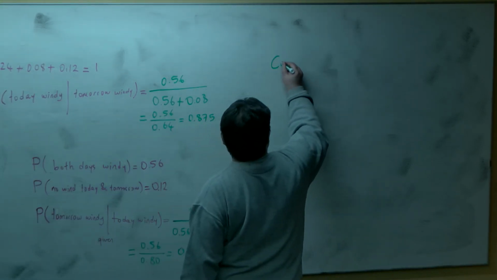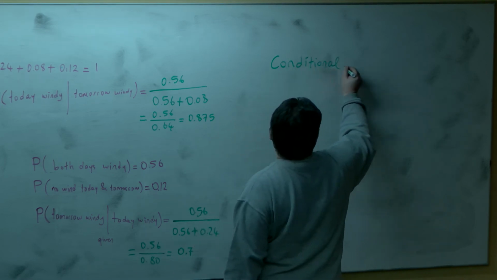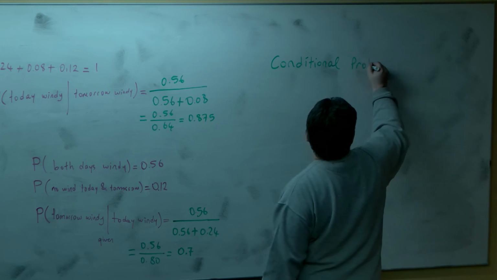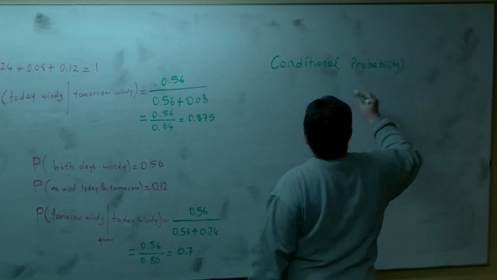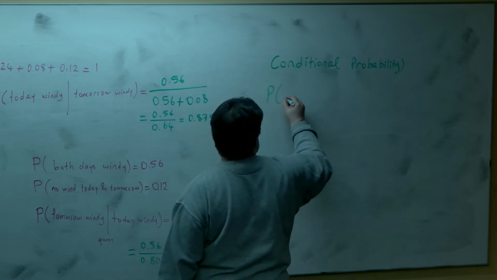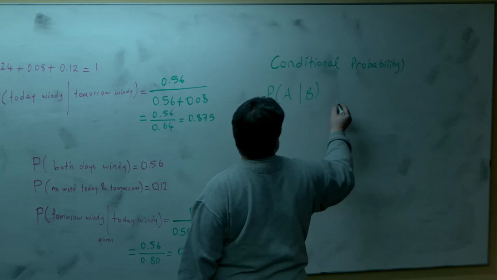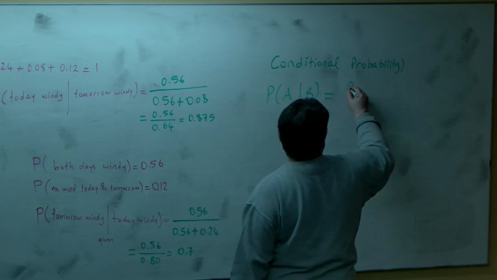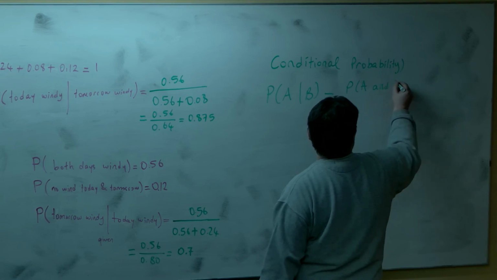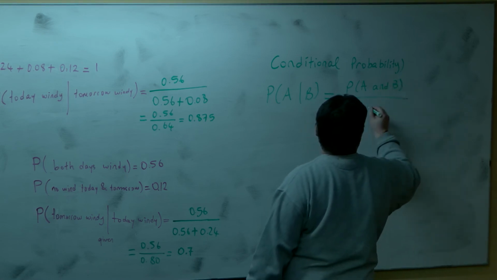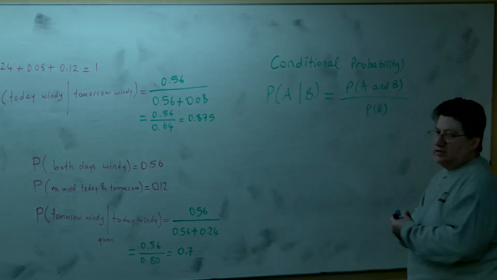Conditional probability: probability of event A given event B equals probability of A and B divided by probability of B. Here's the logic behind it.